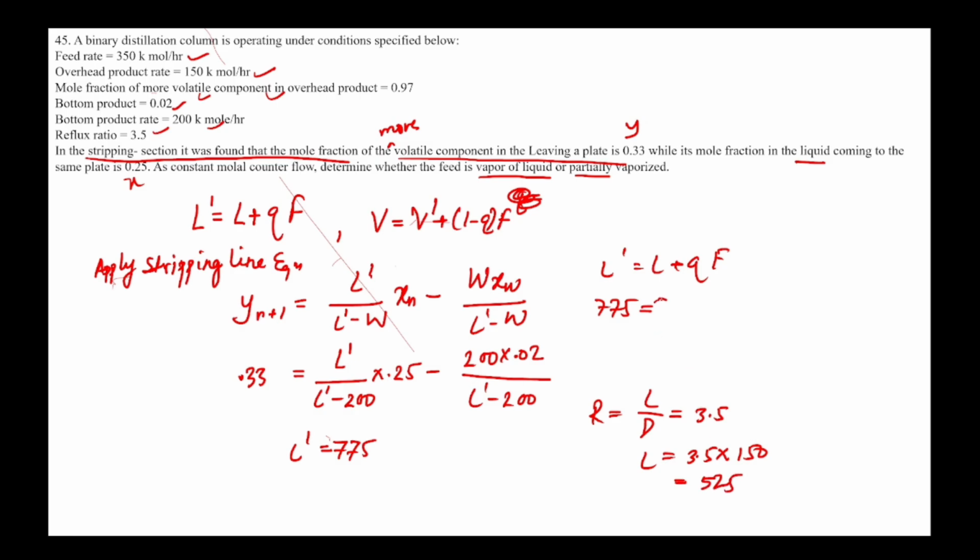So 525 plus Q into F, which is 350. So the value of Q is 0.7143. It is between 0 and 1, so liquid plus vapor, partially vaporized. So this is the final answer.